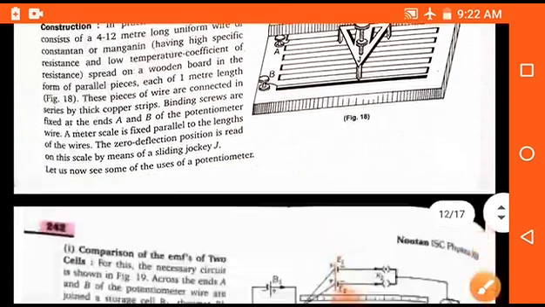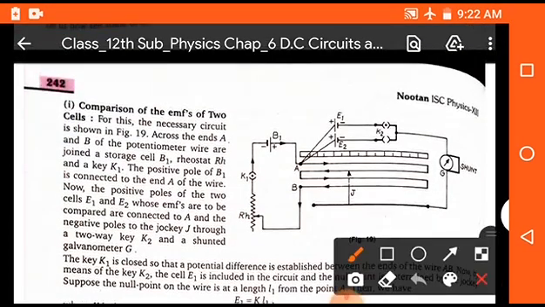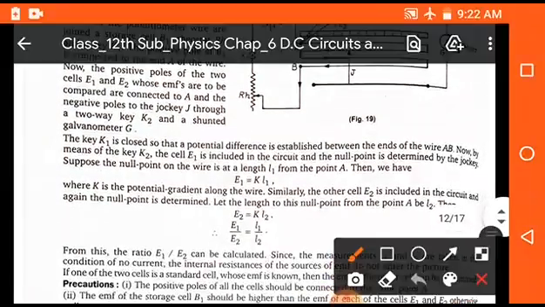Now students, comparison of the EMF of two cells. We can compare the EMF of two cells with the help of a potentiometer. If we connect two cells whose EMFs are E1 and E2 to a potentiometer, we generally connect them in parallel, and by the formula, E1 is equal to K times L1.